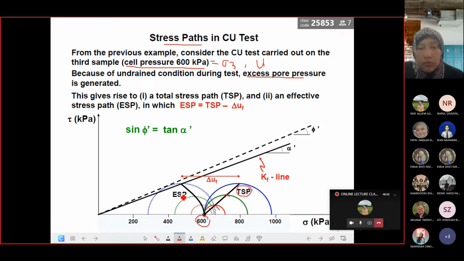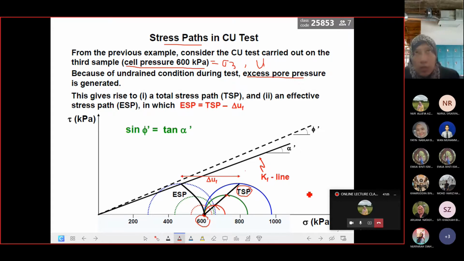How do we get that effective stress pass? Just minus from the total stress pass, you tolak dengan pore water pressure at final, you akan dapat the effective stress pass.